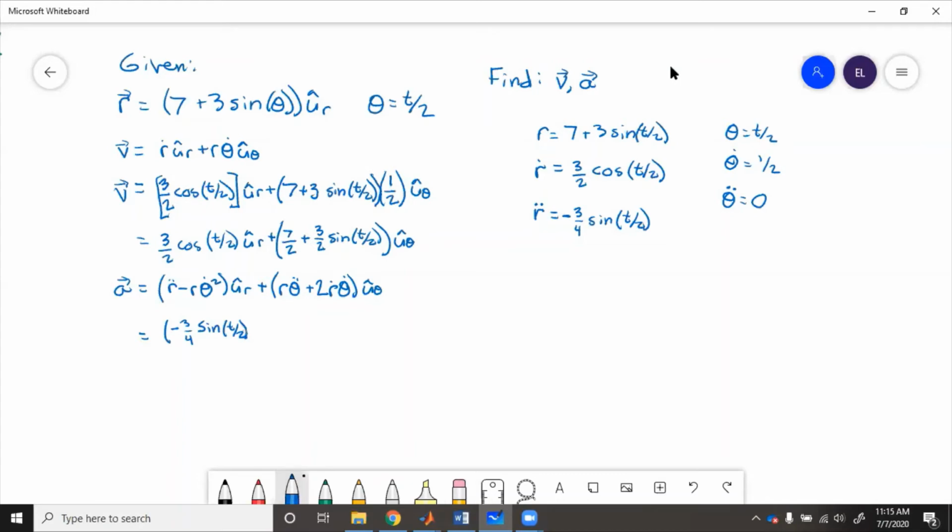Okay, so we got the r double dot, and then we need to do minus r times theta dot squared, which is 7 plus 3 sine of t over 2. And theta dot squared is 1/2 squared, which is 1/4.